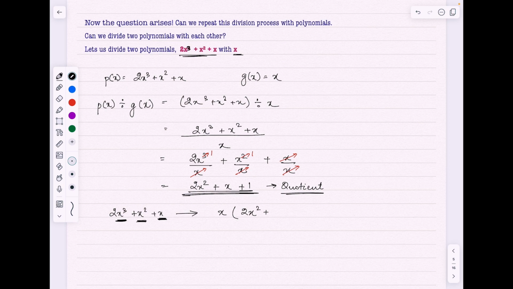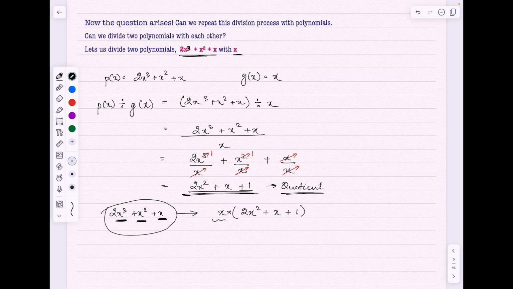With x square, I take one x out, so I am left with x only. With only x, I have taken that x out, so I am left with only 1. So from here you can see, I can write this whole expression 2x cube plus x square plus x as x into (2x square plus x plus 1). That means what?